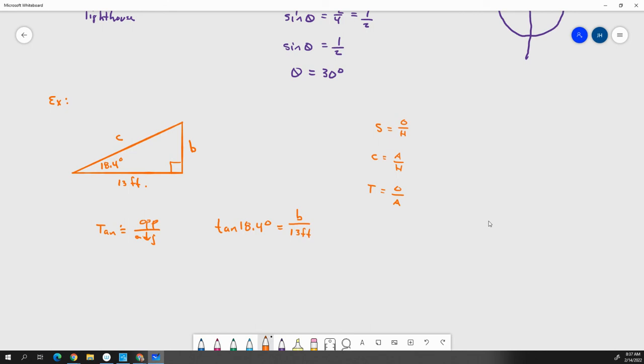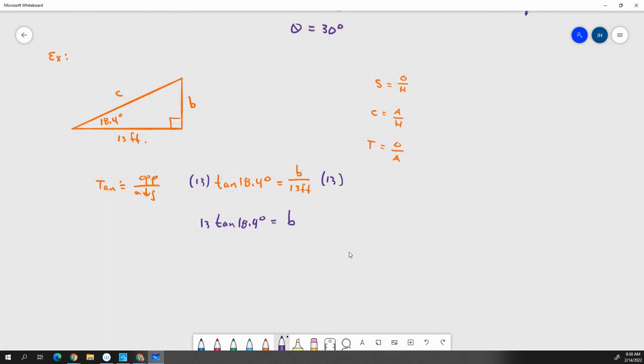I'll multiply both sides by 13 to get rid of that fraction, and I wind up with 13 tangent 18.4 degrees equals B. To find that side length, we plug that into the calculator like we did before, and we get approximately 4.3. So B equals 4.3 feet. We've solved that one.